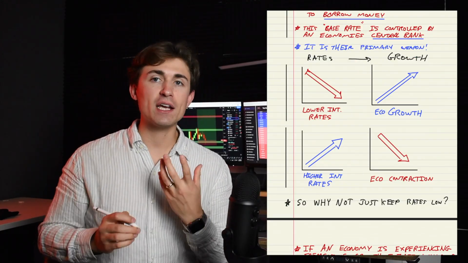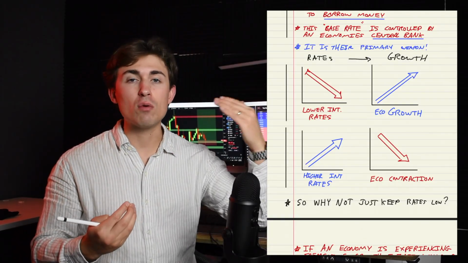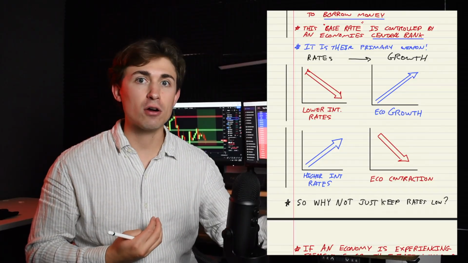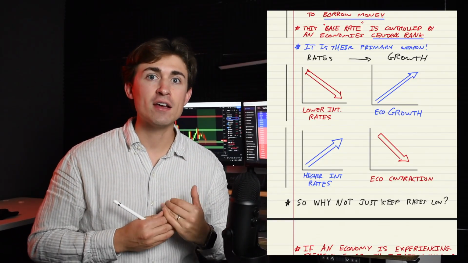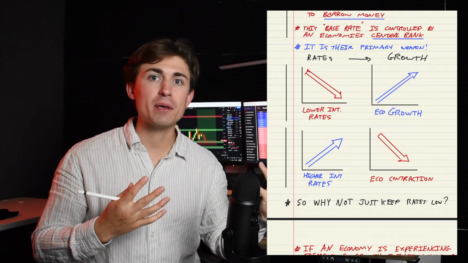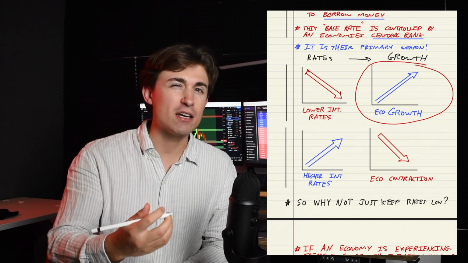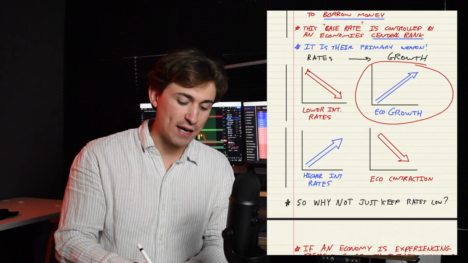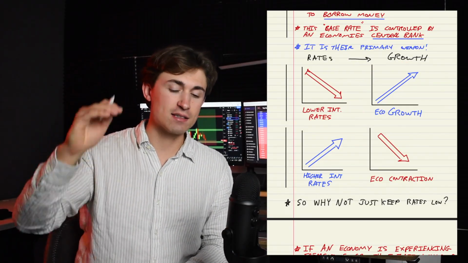By lowering interest rates, the central bank makes it easier for people to get cheaper loans to buy houses and cars, and it allows businesses to borrow money at a cheaper rate so they can get back out there and hire more people. So if an economy really needs to grow, its central bank may choose to lower the interest rate at the highest level.